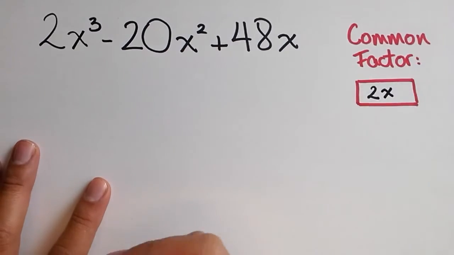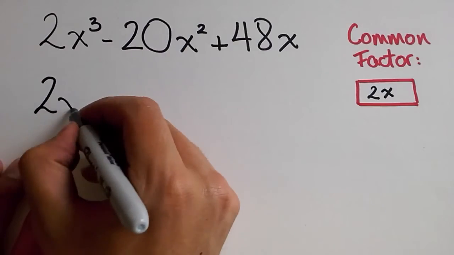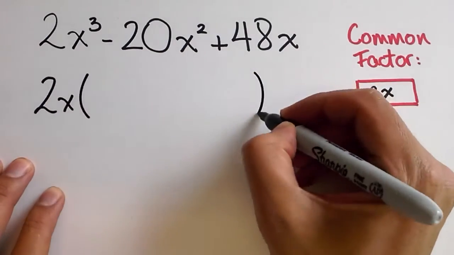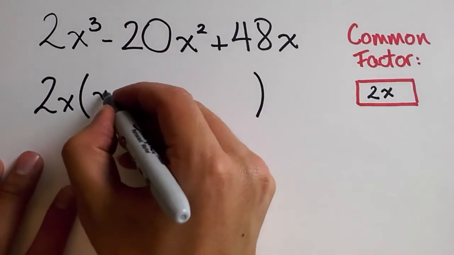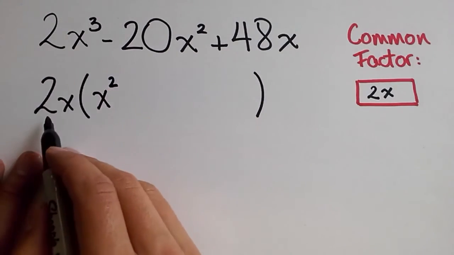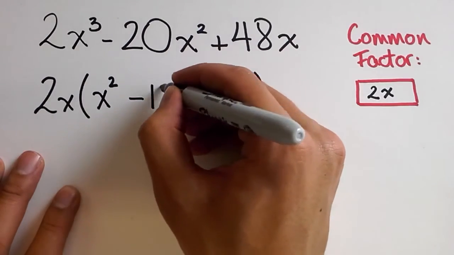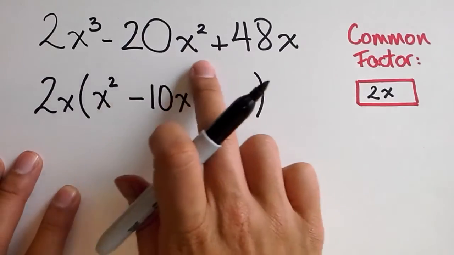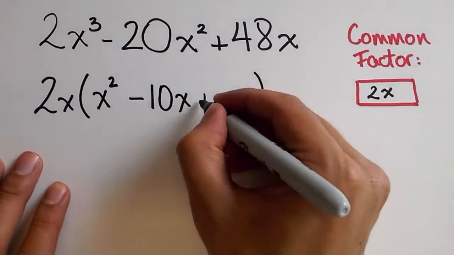So our common factor in this case is 2x. If I write 2x outside of my big parenthesis, what I have left inside is x squared, because 2x times x squared gives me 2x cubed. 2x times negative 10x gives me negative 20x squared, and 2x times 24 gives you 48x.